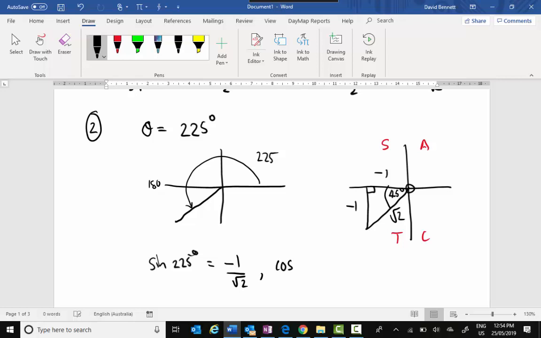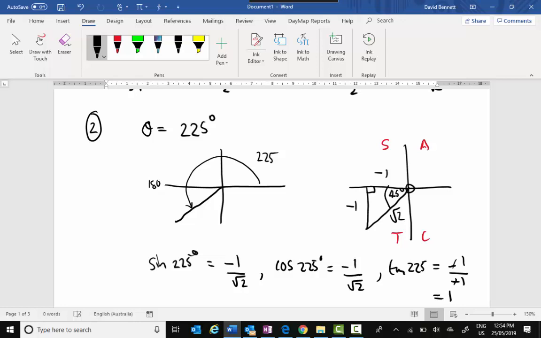Cosine of 225 is equal to the adjacent side, which is negative 1 over root 2. And tan of 225 is equal to the opposite side over the adjacent. That's negative 1 over negative 1, which is equal to 1.